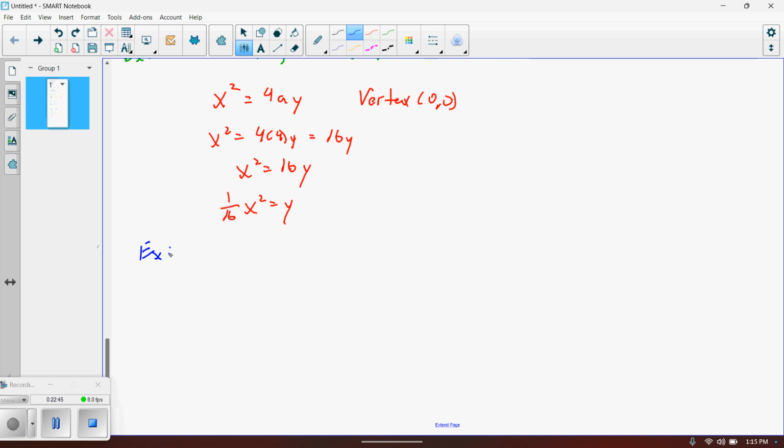All right, so let's see. We're given that the vertex in this case is 0, 0, and the axis of symmetry contains the point -1/2, 2.